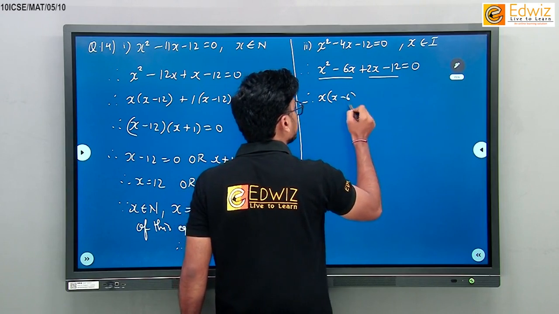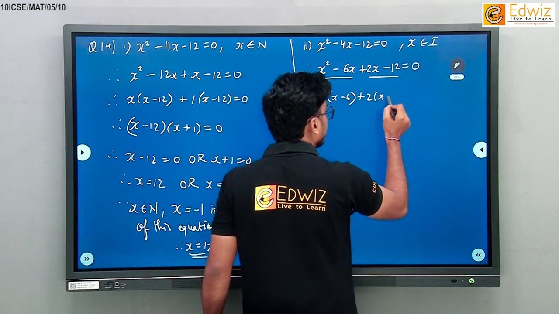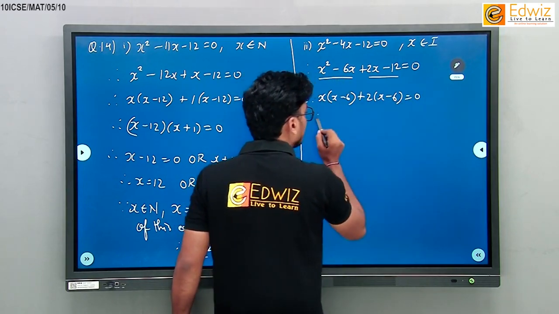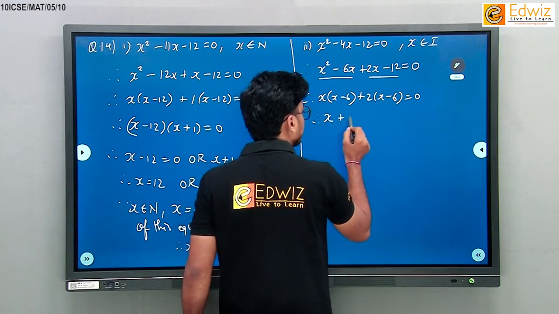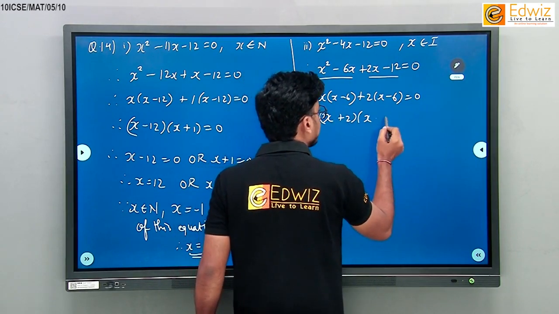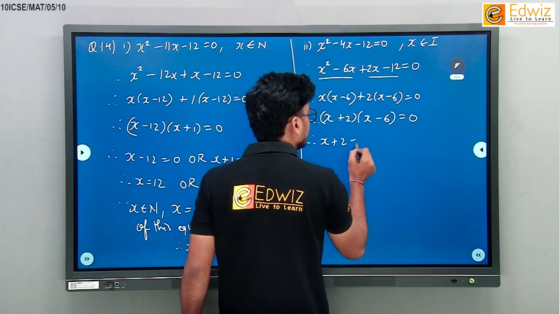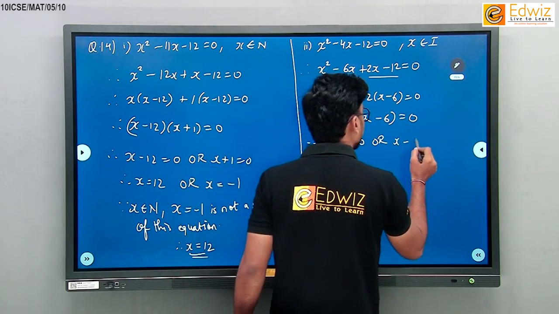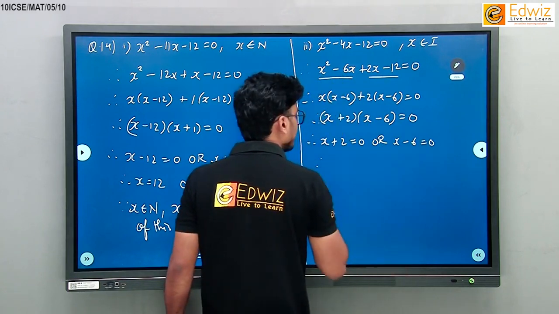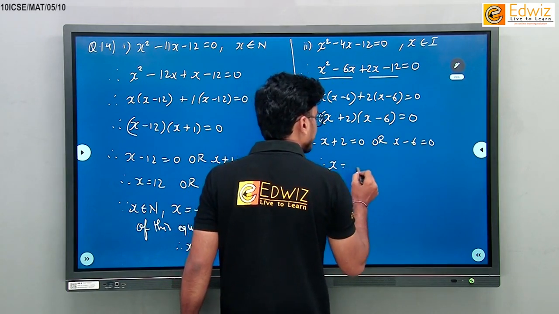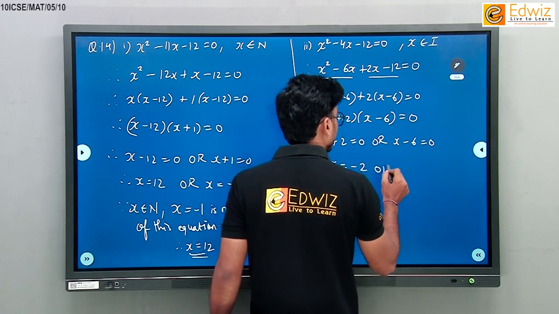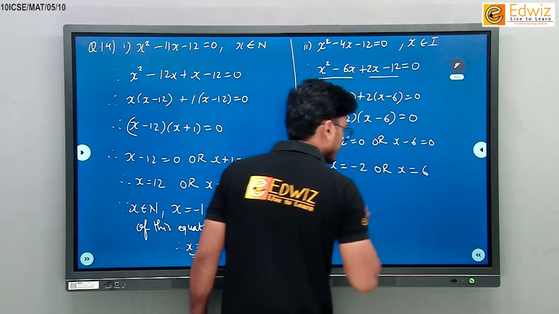So x minus 6 plus take 2 common here. Again x minus 6. The two brackets are x plus 2 and x minus 6 equal to 0. So x plus 2 will be 0 or x minus 6 will be 0. That means the answer for x is minus 2 or 6.